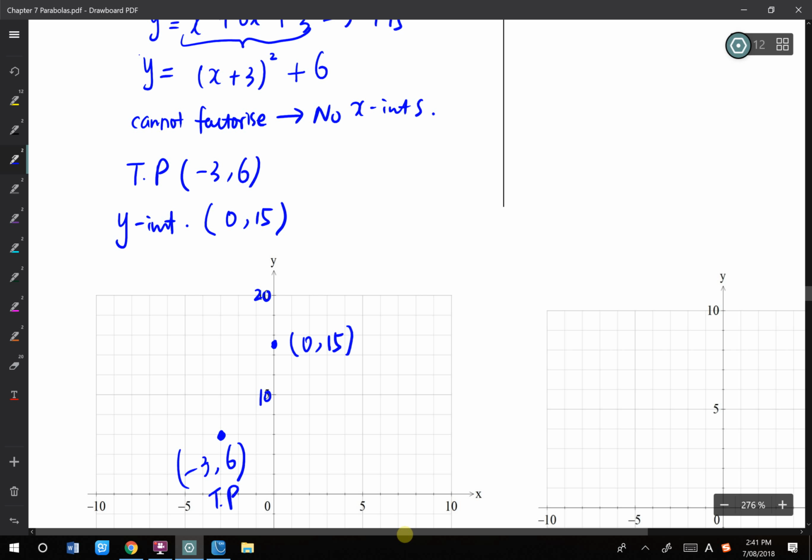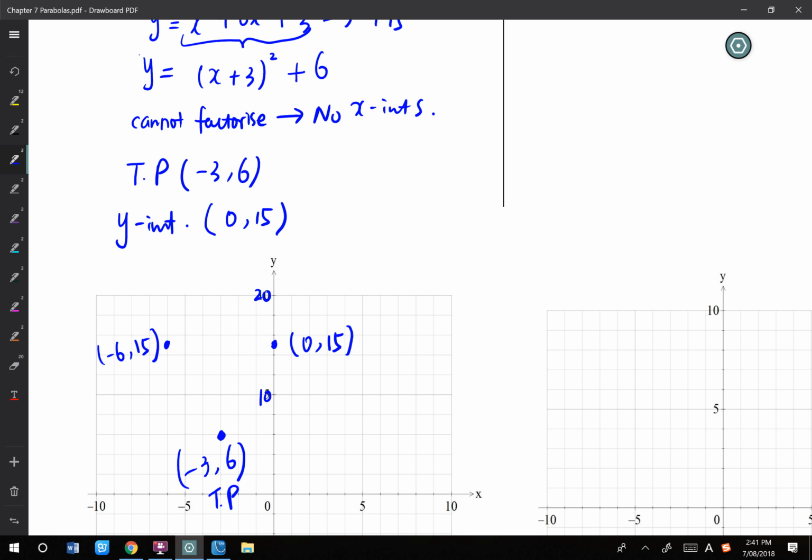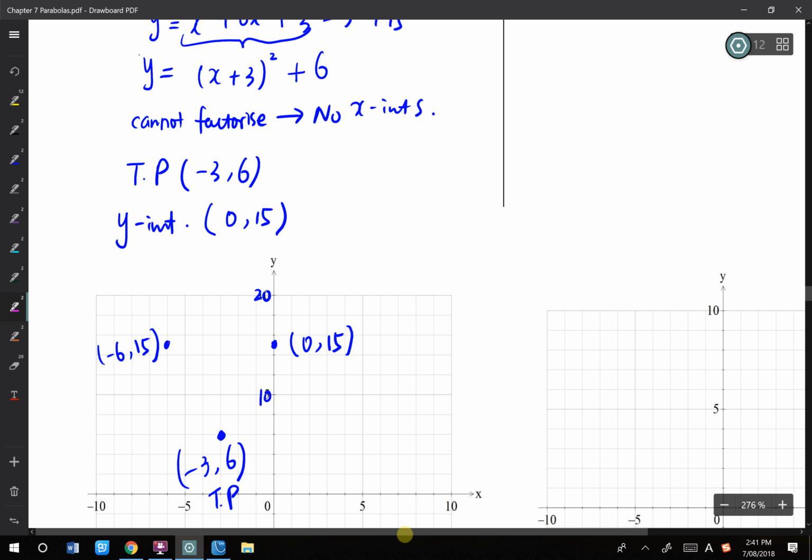Well, if I have 0, 15, I must have negative 6, 15. Okay, I must have negative 6, 15 because it's symmetrical. Negative 6 and 0, the middle is negative 3. So I must have that point. Well, also it's a positive shape. I don't have an x-intercept.